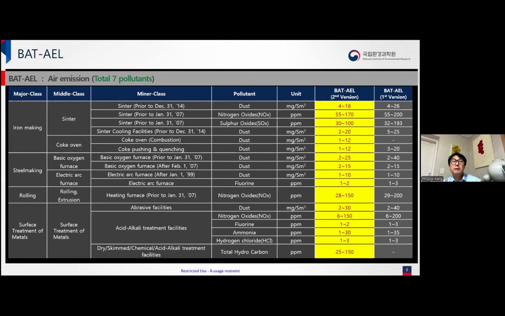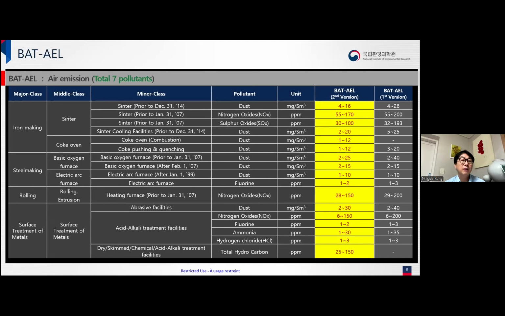Also, the negotiation among the TWG is similar. I need to say that in Korea the renewal interval for BAT plans from installations is five years legally.